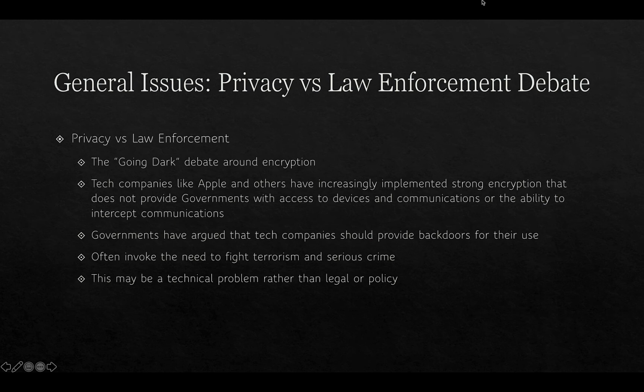One of the issues that has been raised is the debate between law enforcement and privacy. This centers around the use of encryption. It's sometimes referred to as going dark. Law enforcement agencies claim that they require backdoors and ways of circumventing encryption technologies used in messaging and phones to be able to actually do their jobs properly.